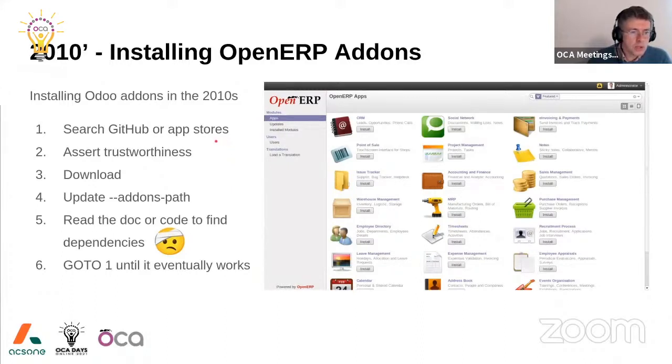You had to search GitHub or the App Store, of course, check that it's reliable, and download. Then you have this addons path. For Odoo, it's not the Python path, it's what they call the addons path. You need to update it manually, then read the documentation of the package to find the dependencies, download them, and go again until it eventually works. And it's not really a fun process, especially when you want to experiment with new stuff.